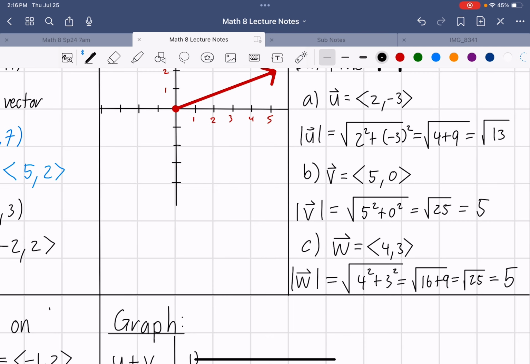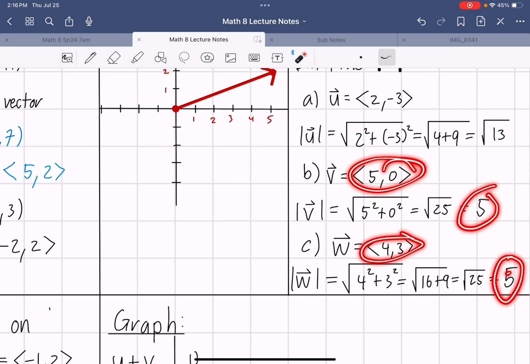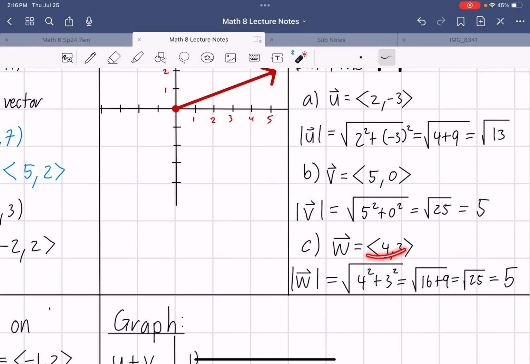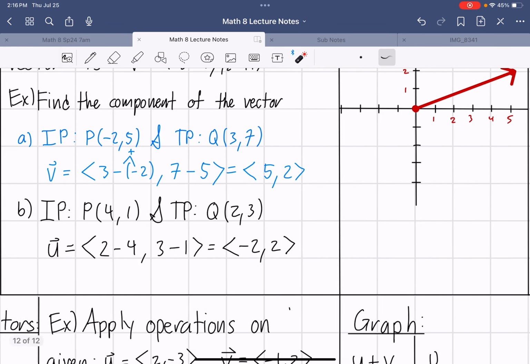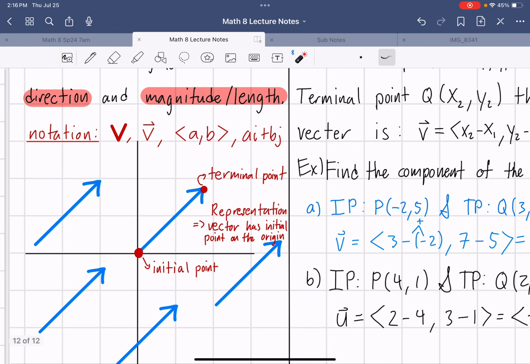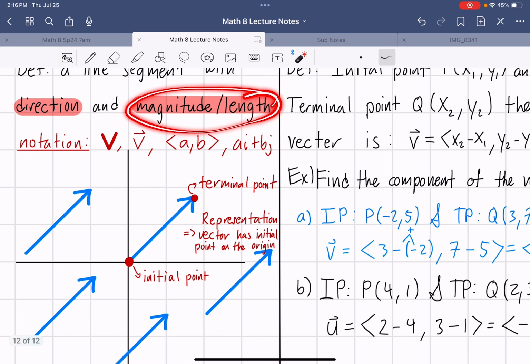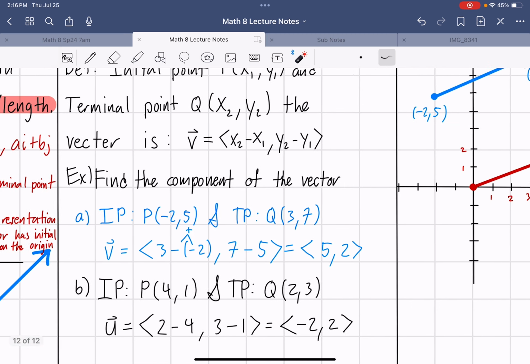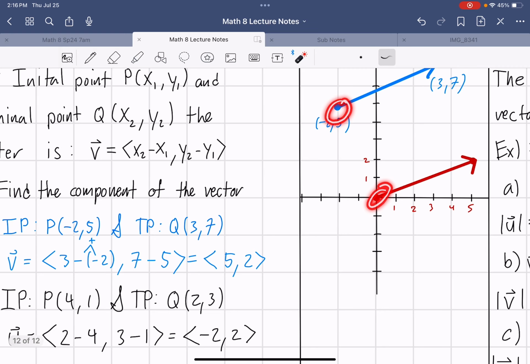Now that illustrates something important, because that means these two vectors have the same magnitude, but their direction is different. Going back to what makes a vector unique, its direction and magnitude, not necessarily its position.